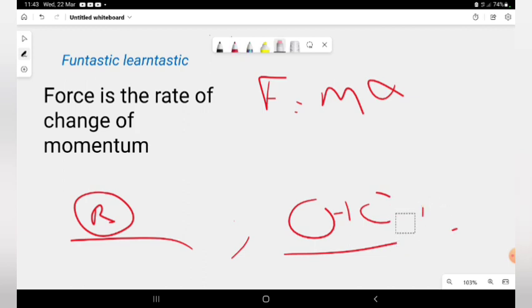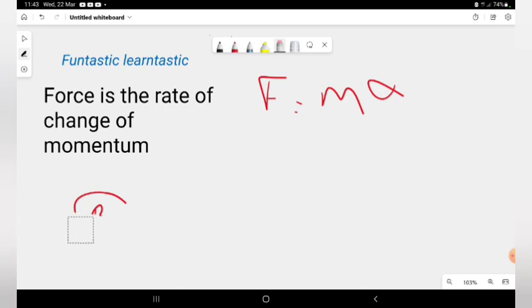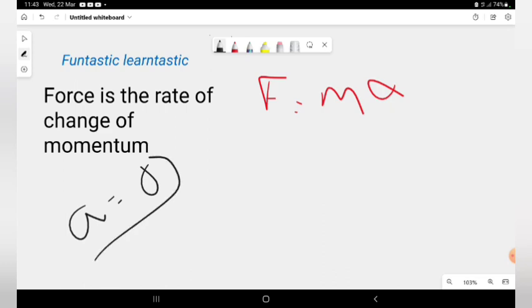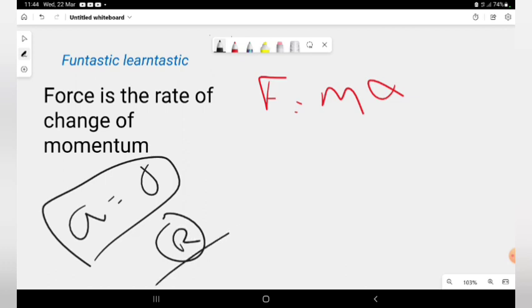So how will we prove the law of inertia from F is equal to ma? Let me show you. We first proved the law of conservation of momentum from F is equal to ma. Now we're going to prove the first law of Newton. The law of inertia means that the acceleration is going to be 0. Why? Because if it is at rest, then there is no acceleration, and because there is no acceleration, it is going to stay at rest.